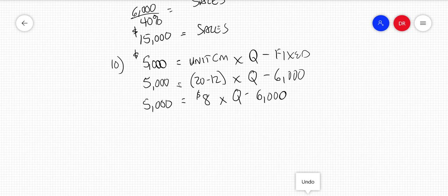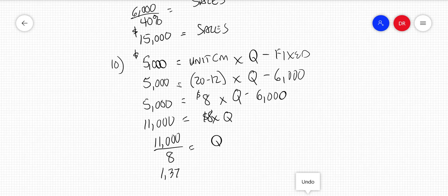We're going to add 6,000 to both sides, so we have 11,000 here is equal to $8 times Q. We're going to divide 11,000 by $8 to get the quantity that we want to produce to have this target profit. And so our quantity then will be 1,375 units.